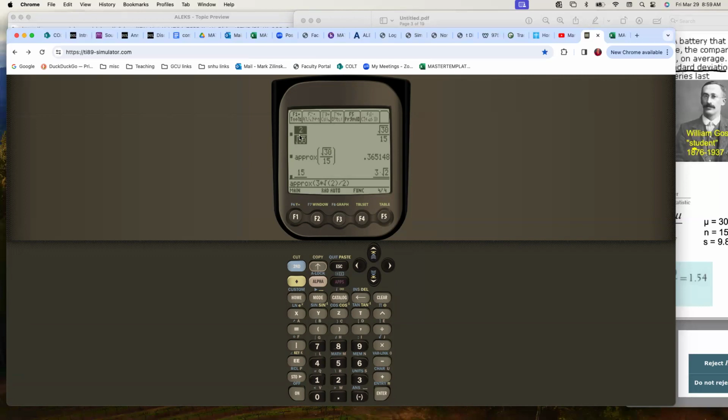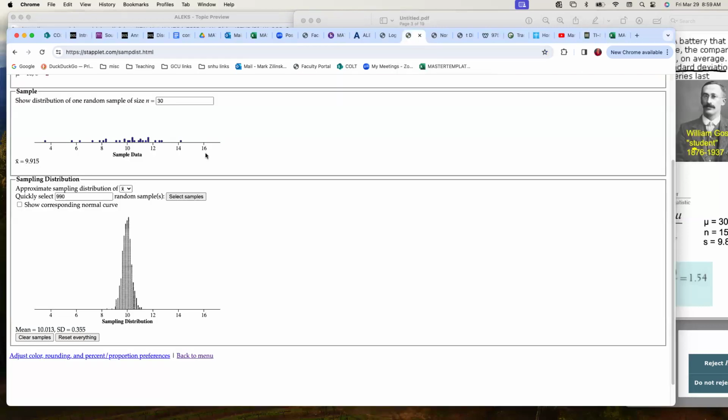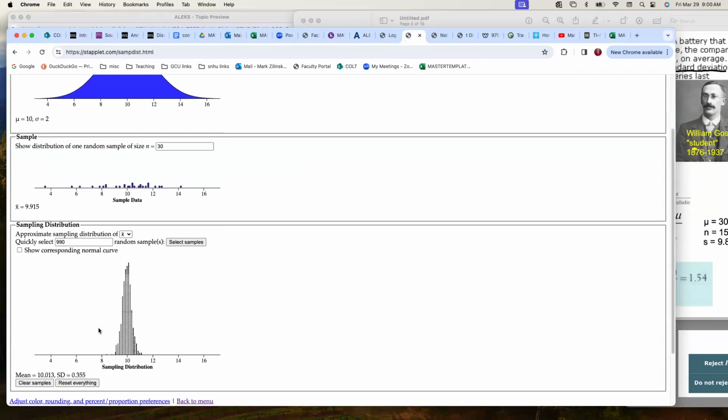If I took 2 divided by the square root of 30, all this calculator is doing is rationalizing that denominator. So this number is the same as that. And if I approximate, I should get 0.365. Over here, with just 1,000 in my simulation, I'm getting 0.355. So you can see that I'm pretty close.